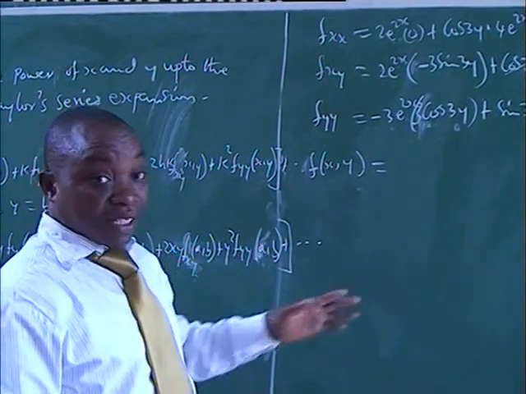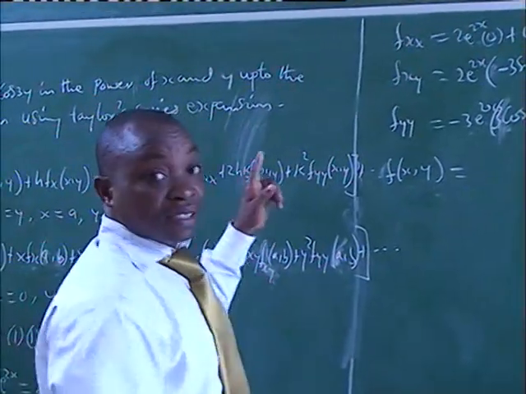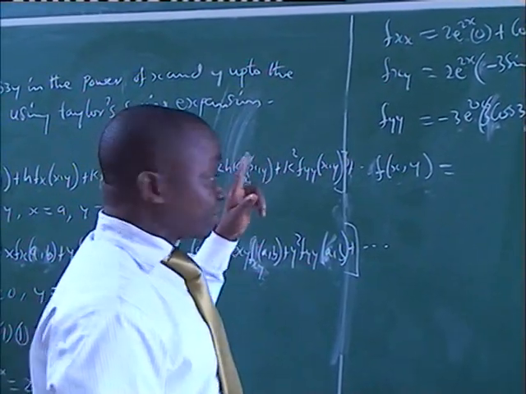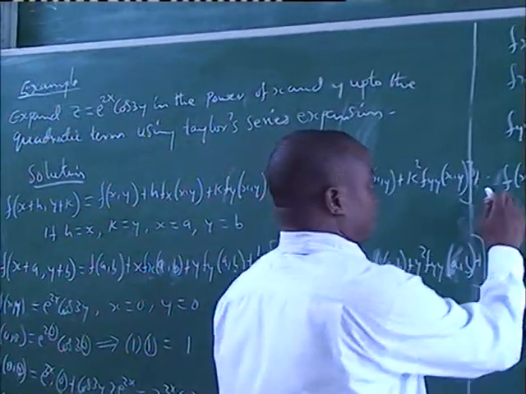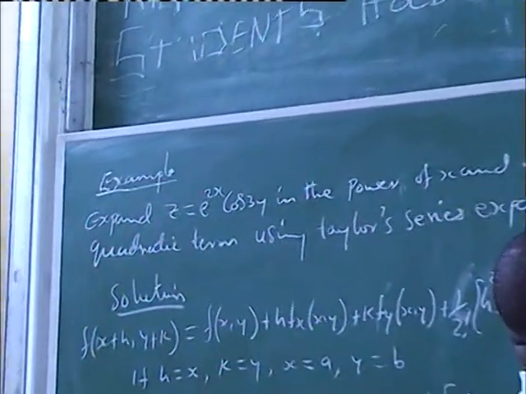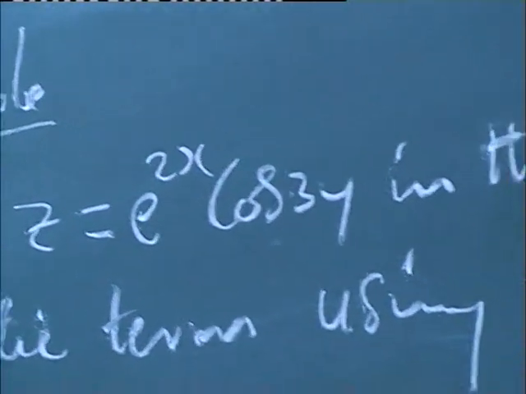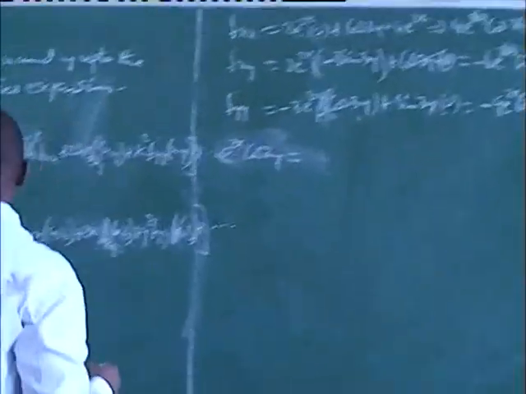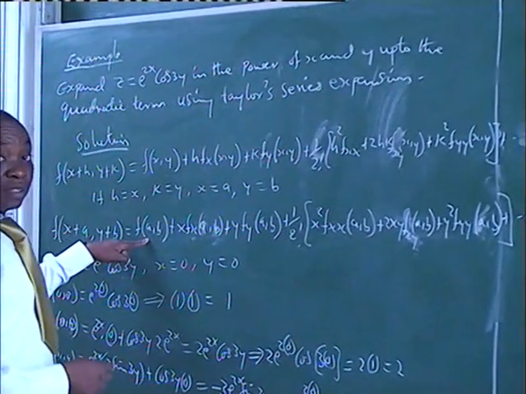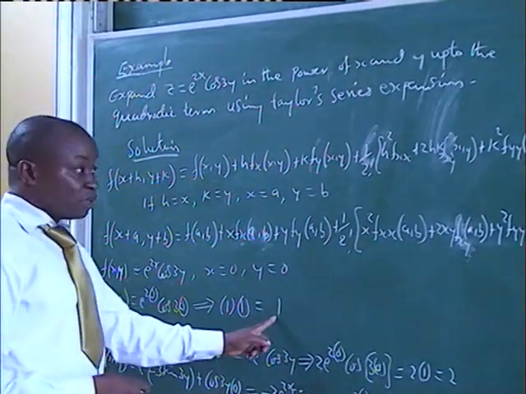So f of xy now that we are expanding is equal to exponential 2x cos 3y. Okay, let me put that straight. Now, the expansion of exponential 2x cos 3y, so you understand, is the same as f of AB.